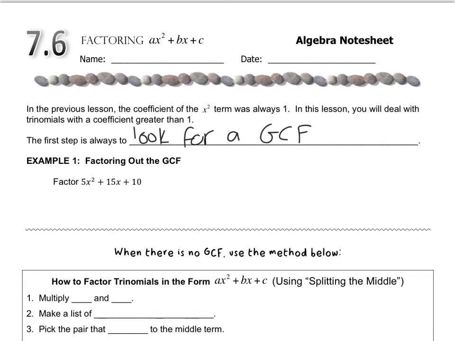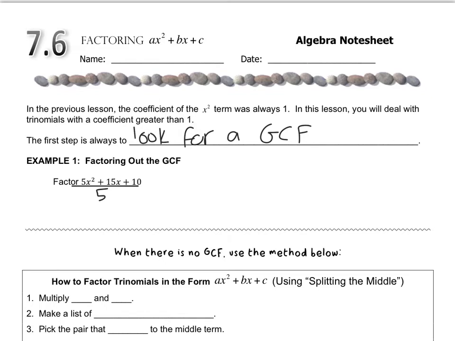So if you see in example 1, the coefficient of the x squared term is 5, but if we divide everything by 5, then it makes the polynomial a little easier to deal with. So everything divides by 5. I'll just put a big 5 underneath.